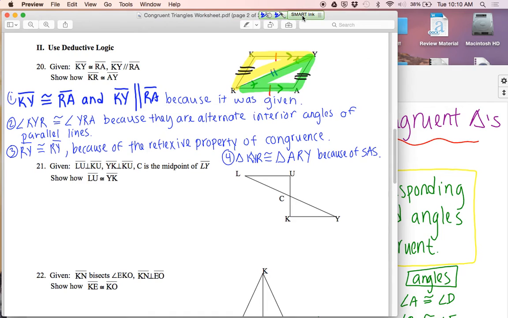So the last thing I'm going to say is KR is congruent to AY because they are corresponding sides of congruent triangles.